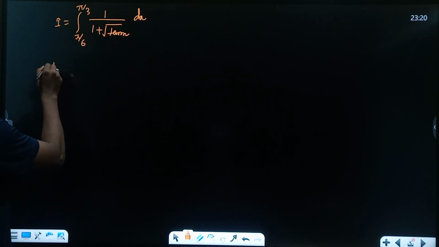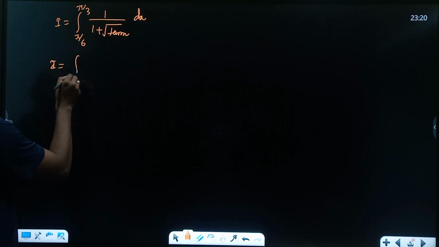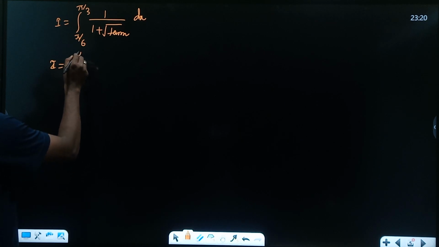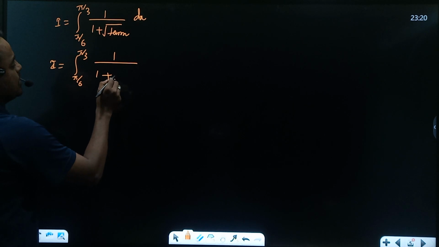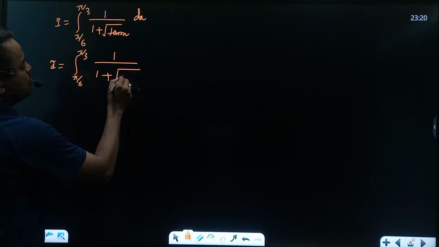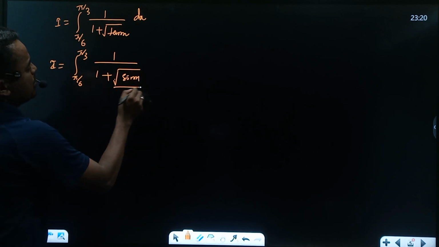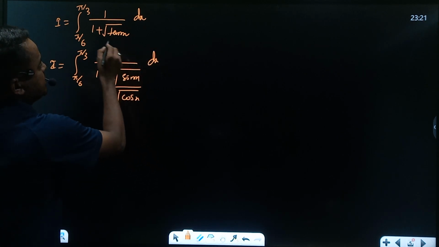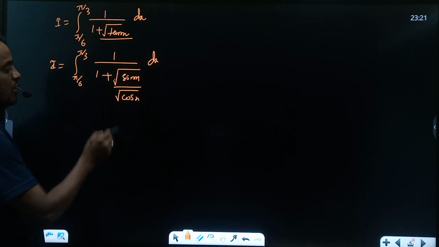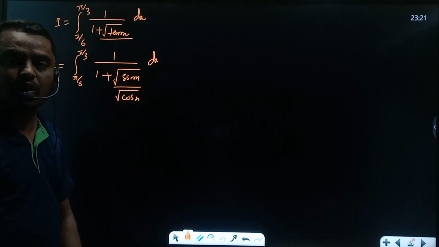First we have to simplify this one. I is equal to the integral from 5 by 6 to 5 by 3 of 1 divided by 1 plus root tan x. Root tan x can be written as root sin x by root cos x.